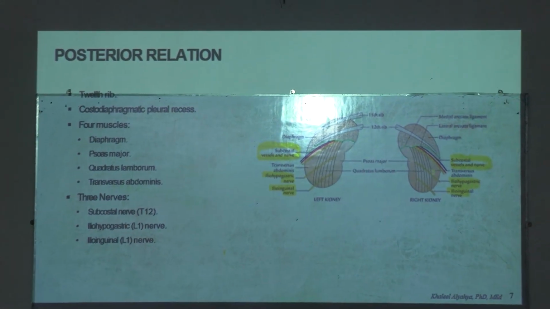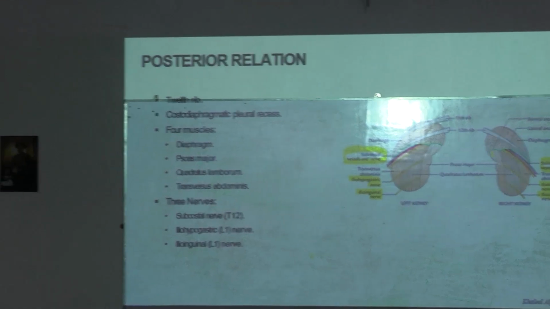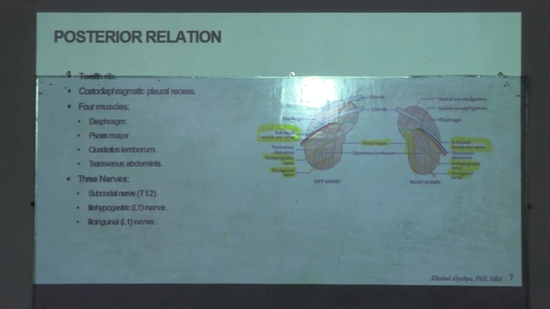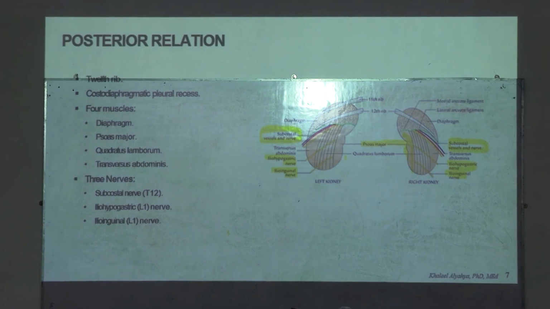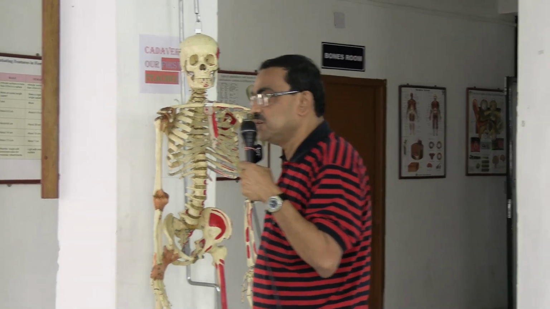Psoas major is here, quadratus lumborum is here, and transversus abdominis is here. So from medial to lateral, psoas major, quadratus lumborum and transversus abdominis come in posterior relation.